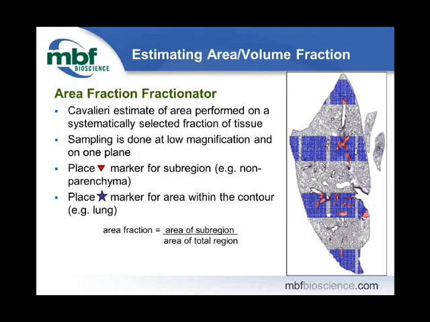If you want to know an estimate of one type of tissue per another, in this case non-parenchymal tissue, you can use point counting in a probe called the area fraction fractionator. So the point counting will ride on top of the fractionator.